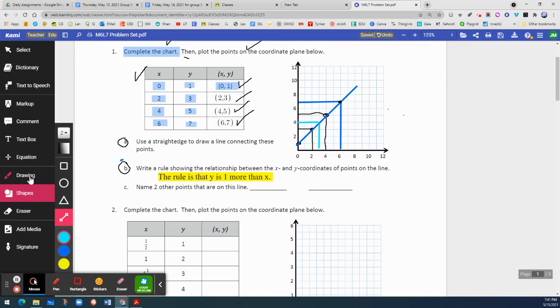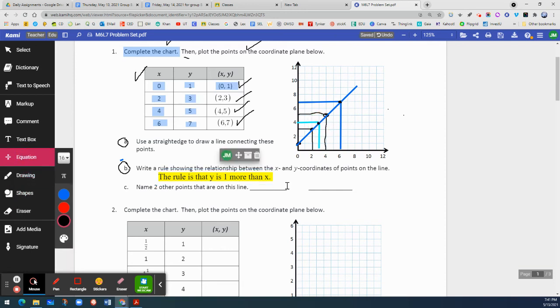So that will be another point on the line. And we're going to write now the information here. So X is 3, Y is 4, in parentheses. And that follows the rule as well. Y is 1 more than X.